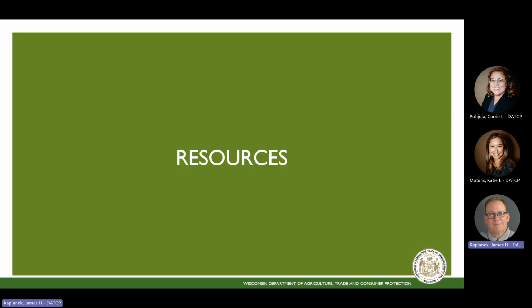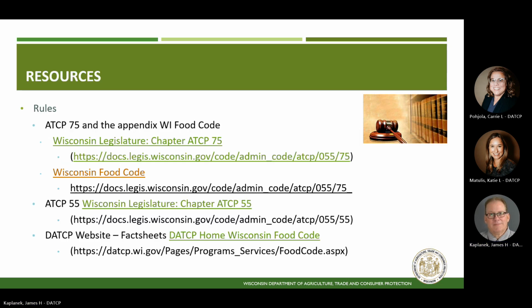The following slides are resources that you will be able to have access to and be available for you to use in your operation. This slide talks about the different administrative rules and fact sheets that are available for you to access.